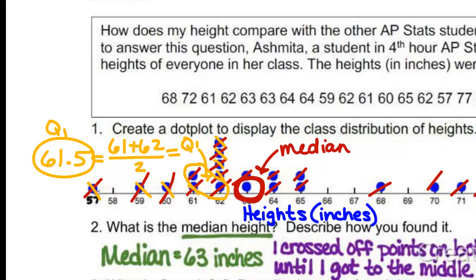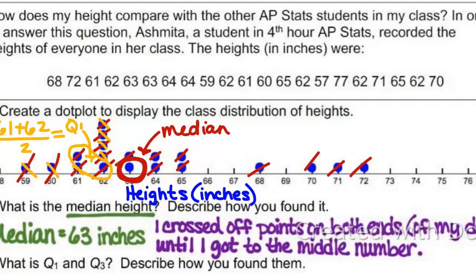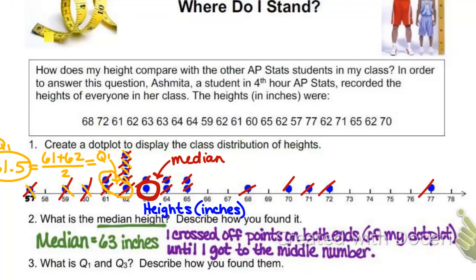How would I find Q3? Same thing on the other side. So I'm going to cross off the 77 with the top one here in 63. I'm going to cross off 72 with the bottom one of 64, 70 with the top one. And I did it again. I skipped that one.